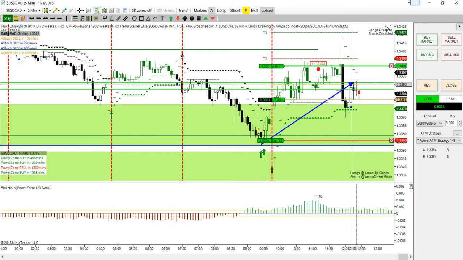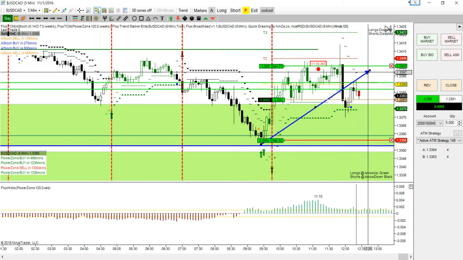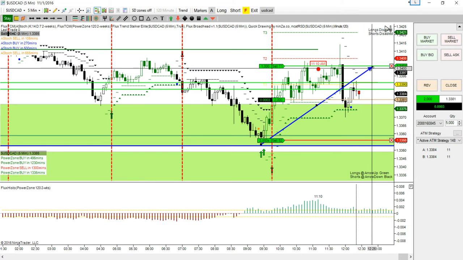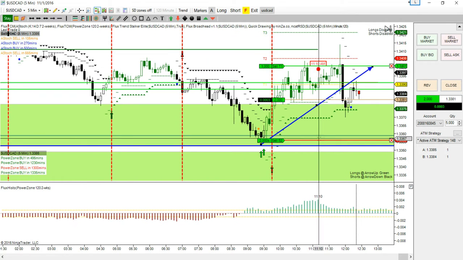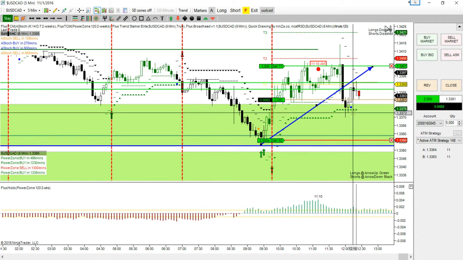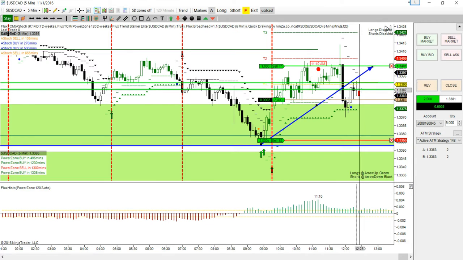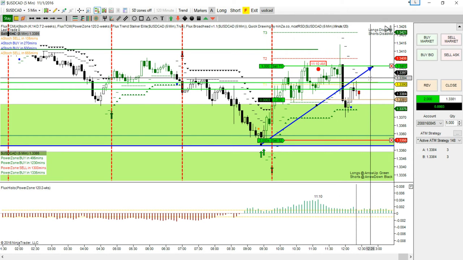This is the dollar Canadian. That's why we're having issues with this dollar Canadian. I probably would not have taken this trade. The auto trader took this trade. I would not have taken this trade. So we'll see.